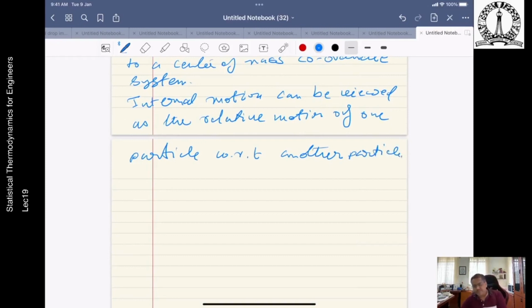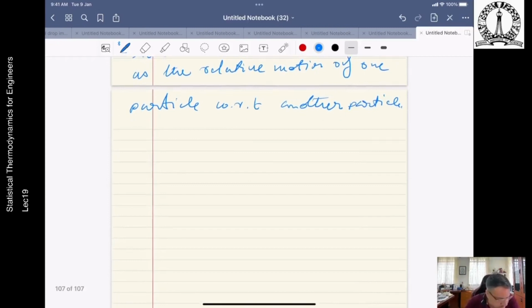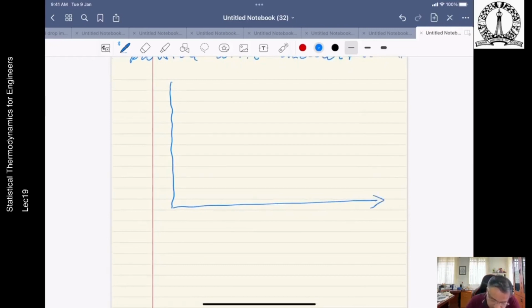So you are sitting on the center of mass right now and you are watching the motion. As a result, the internal motion can be viewed as a relative motion with respect to another particle. Okay. So if we now draw coordinate axes like this, see how well I can draw.